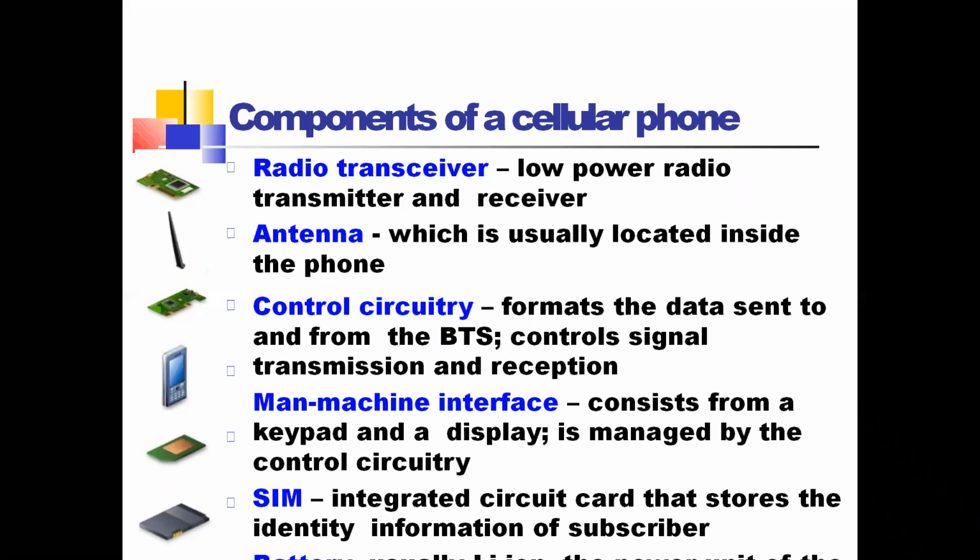Because generally the message signals are all radio signals, right? The basic one is the radio transceiver. First one is the radio transceiver, a low power transmitter and receiver.